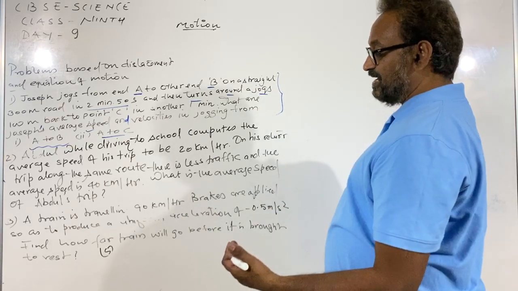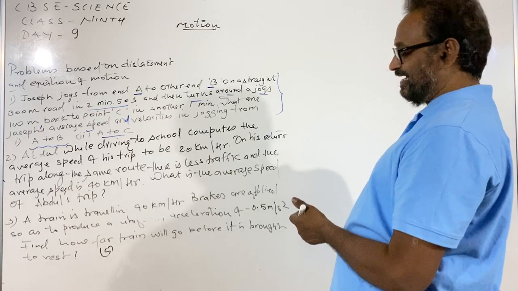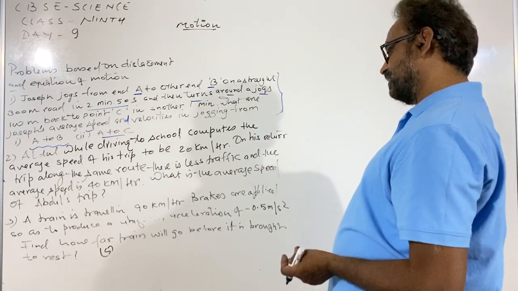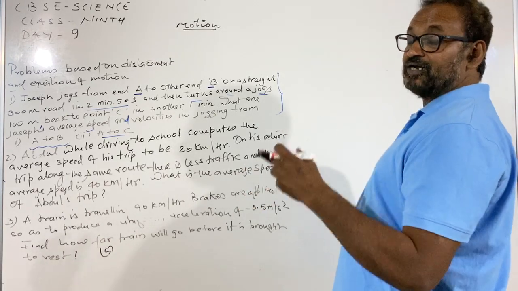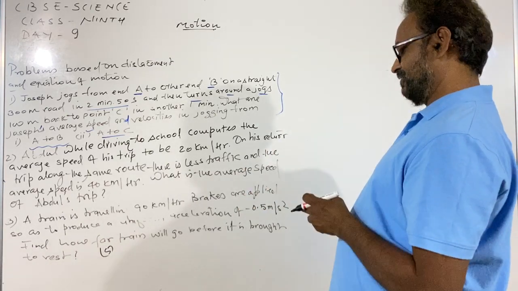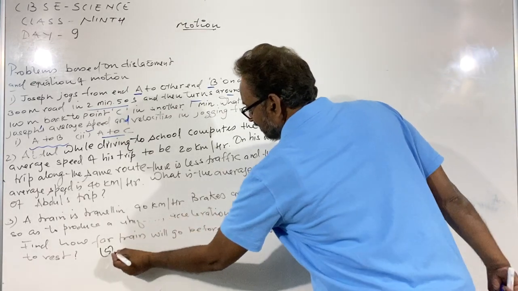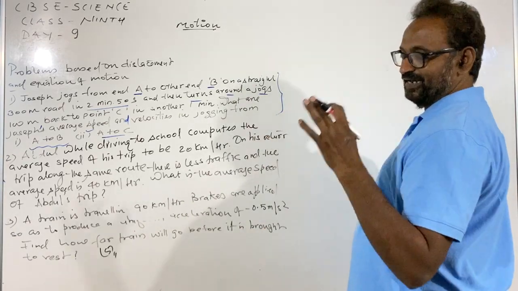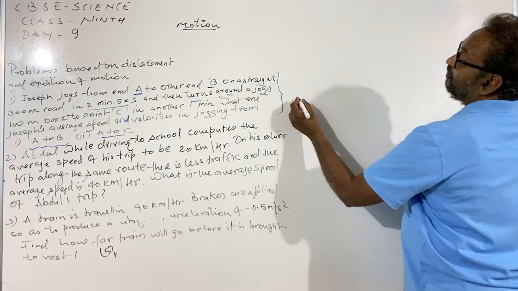How far the train will go after brakes are applied and stop, that is, you have to calculate distance traveled by the train after the brakes are applied. Obviously, the train will stop after covering this distance, therefore the final velocity of the train is 0. Let's see.